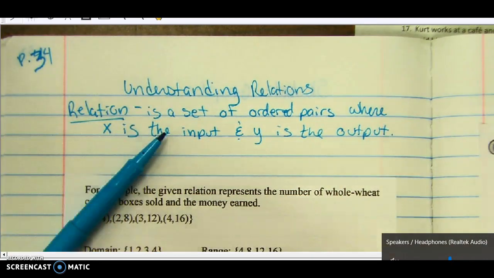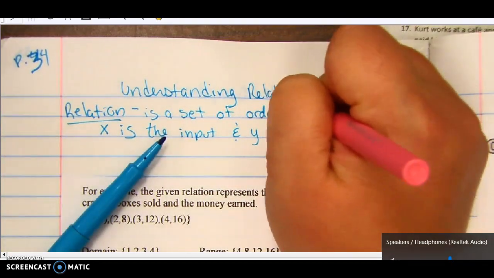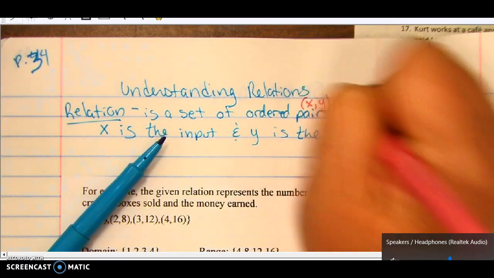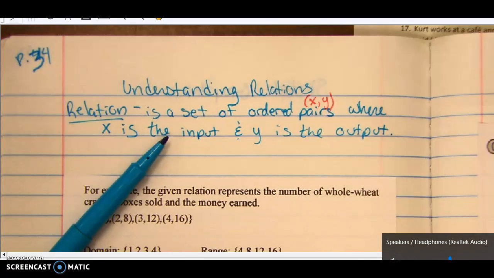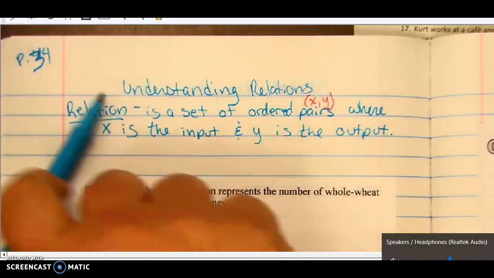Remember that an ordered pair is X comma Y. So that's the first thing.